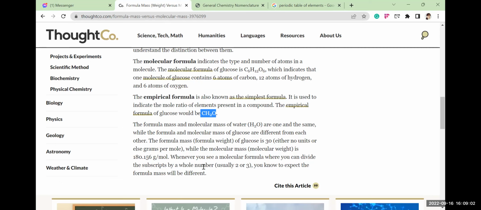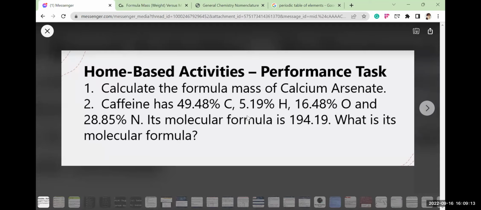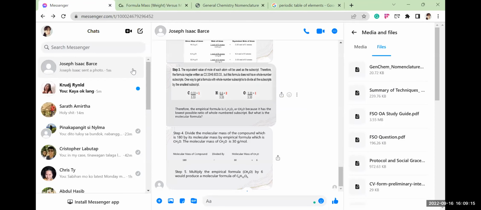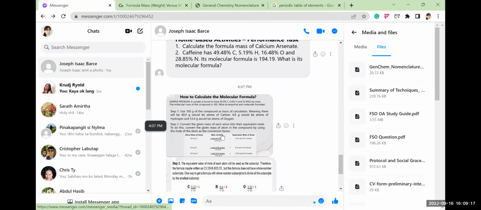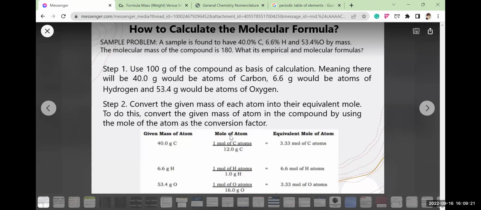Okay. Whenever you see a molecular formula where you can divide the subscripts by a whole number, you know to expect the formula mass will be different. Okay, so an example is this.